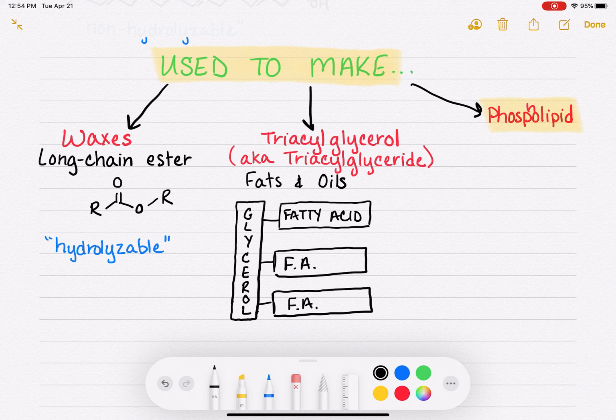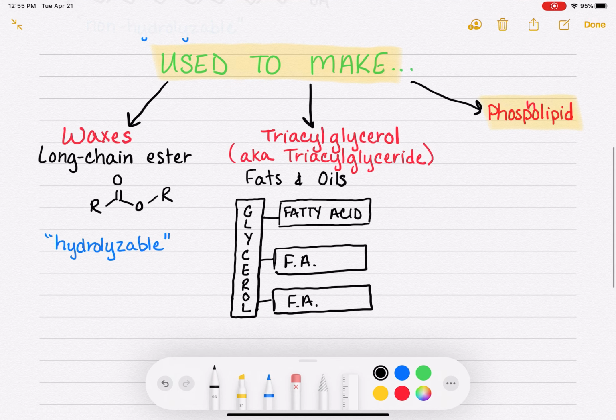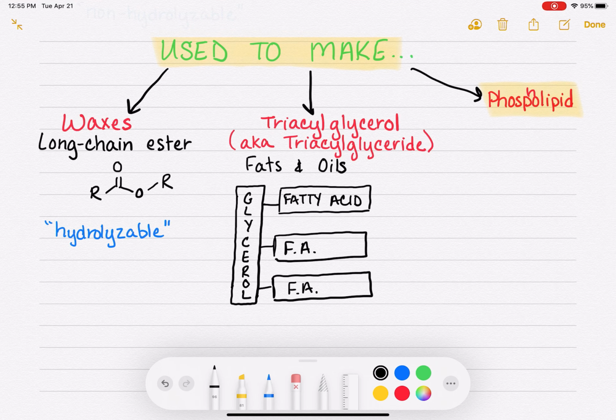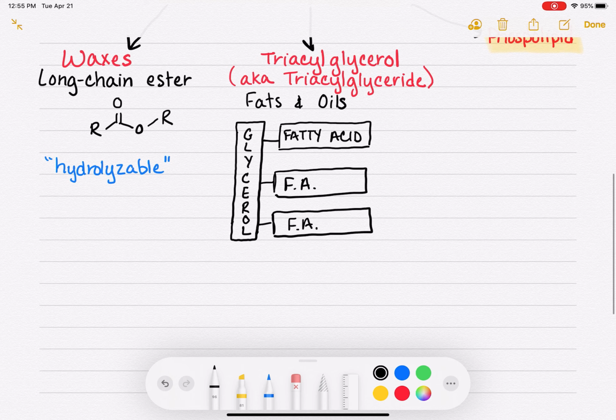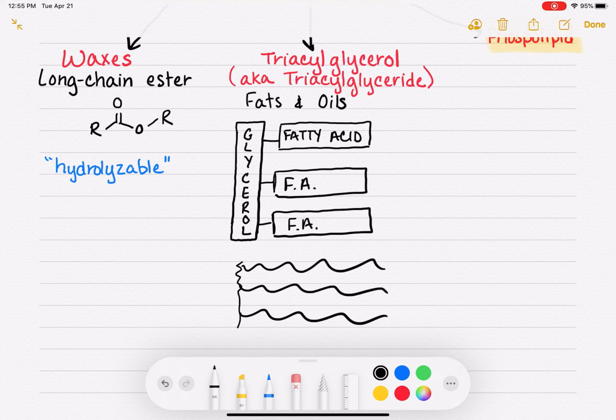So we're taking in these fatty acids in our diet, and one of the things that we can do with those fatty acids is use it to make fats and oils. So if you're looking at the structure of a triacylglycerol, it's going to have a shape to it that's got some stuff here, and then it's got really long carbon chains that are coming off the end like that. And there's going to be some oxygens in there somewhere along these lines.